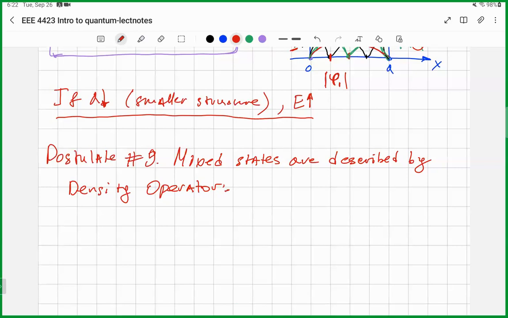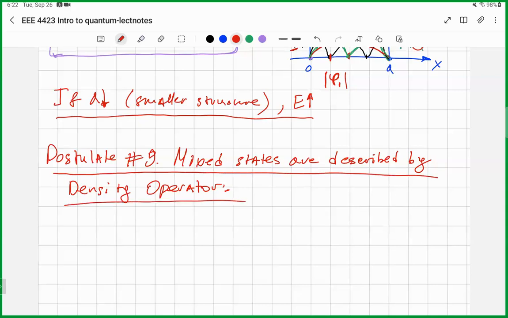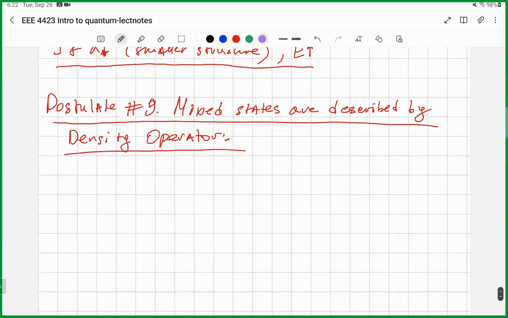Density operator. Pretty important one, so let me even color this one like this.